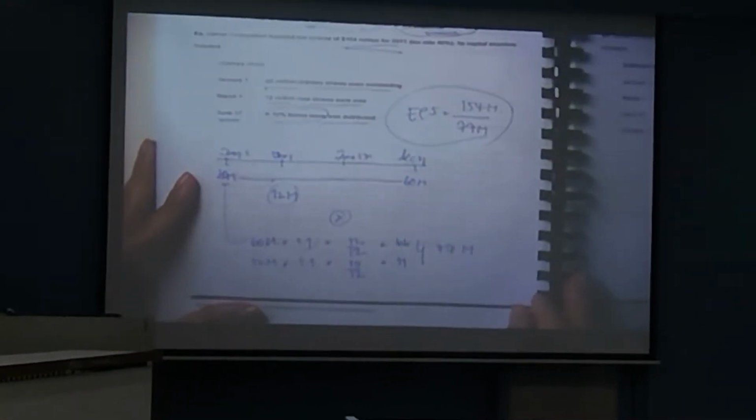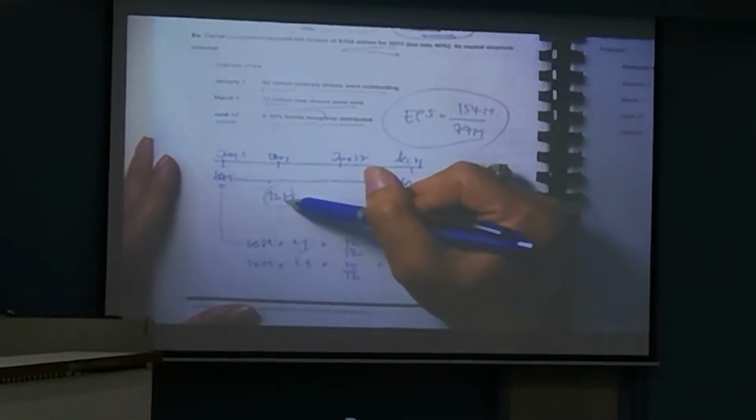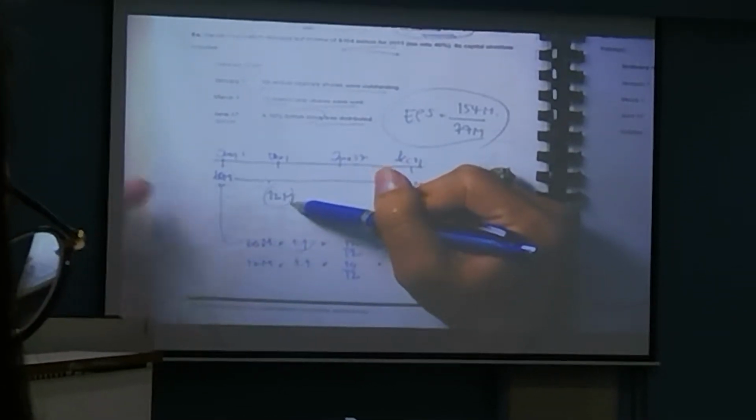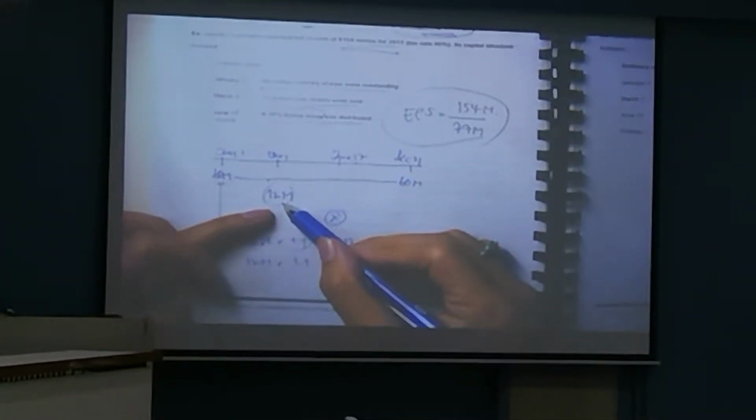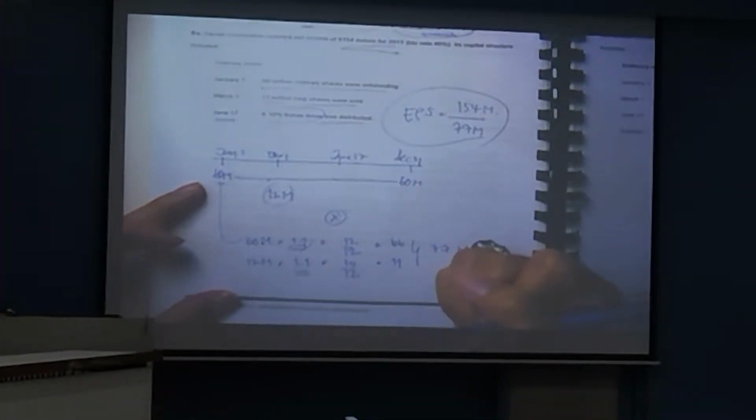Let's think about the 12 million shares here. Pretend this 12 million also got the bonus issue. That's why we need to multiply by 1.1.